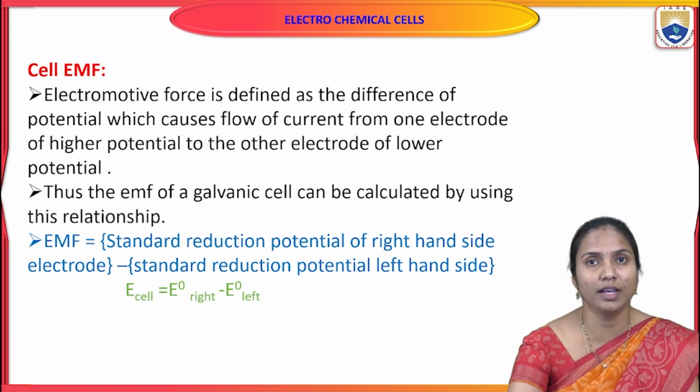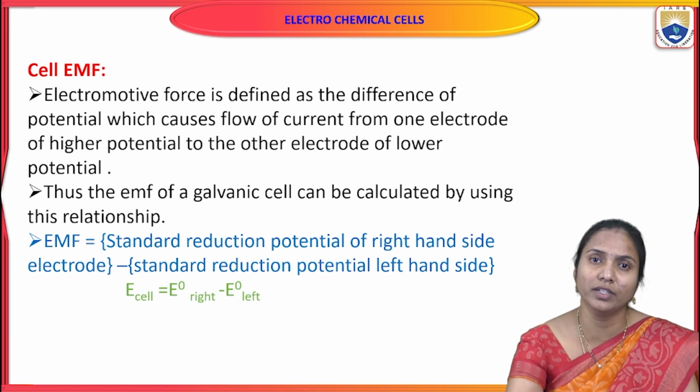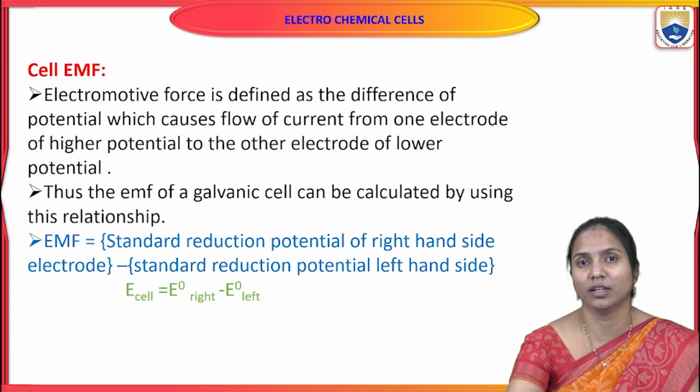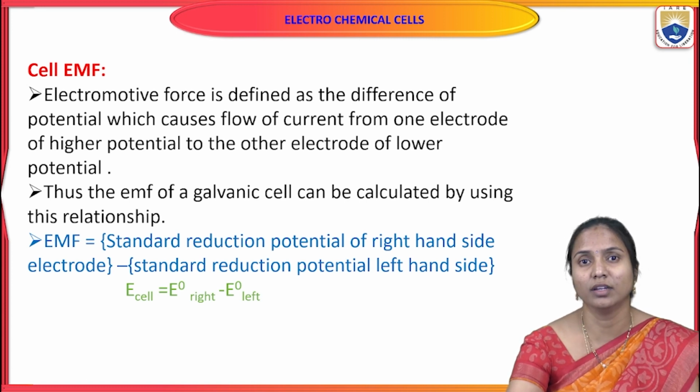It is also defined as the difference of potential which causes flow of current from the electrode of higher potential to the electrode of lower potential. That means it explains the difference between two electrode potentials, either the oxidation potential or the reduction potential of the electrode. The difference is called cell EMF, or electromotive force.